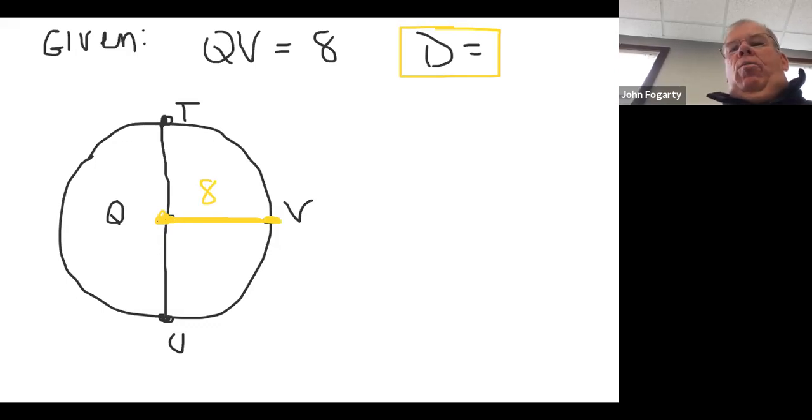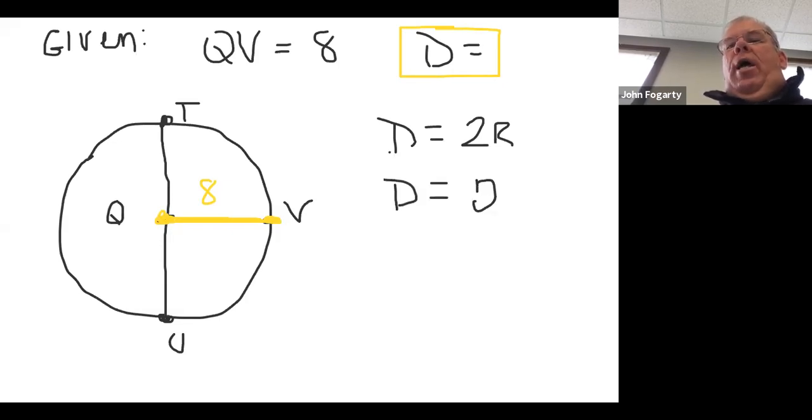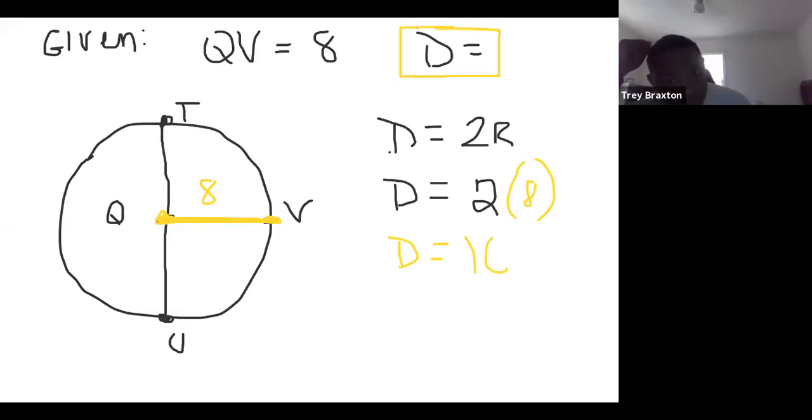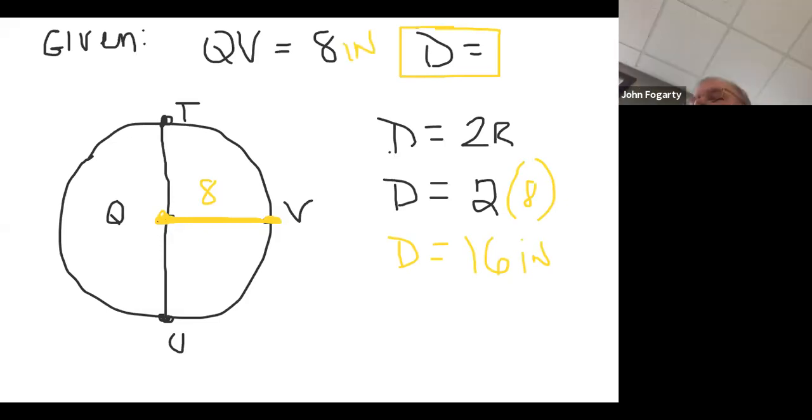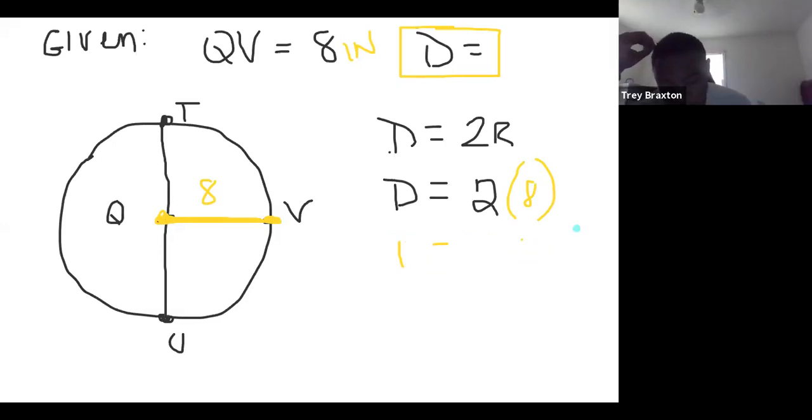Well, we learned that the diameter is always equal to 2 times the radius. So all I got to do is substitute my radius in there. And what do I get for my diameter? 2 times 8, 16. In this case, I'll make it inches. It's always a measure, right? Does that make sense? That's not too bad, right?